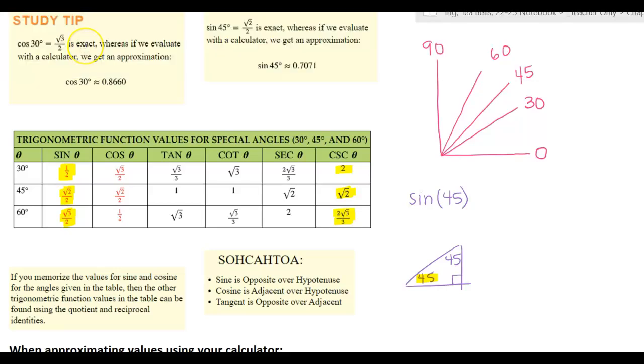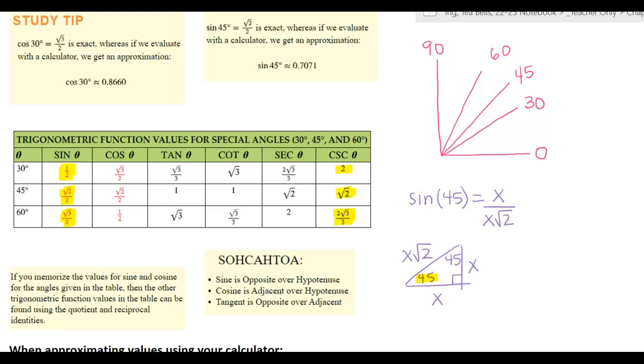The opposite sides of 45 would be our x's, and across from the 90 would be x square root 2. If we're focusing on that 45-degree angle, our sine would be opposite over hypotenuse, so x over x square root 2.